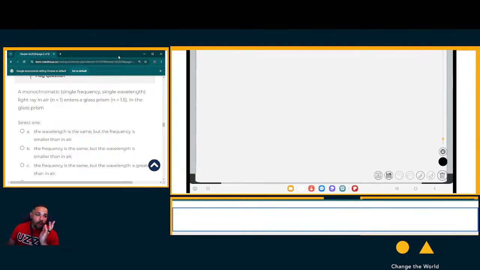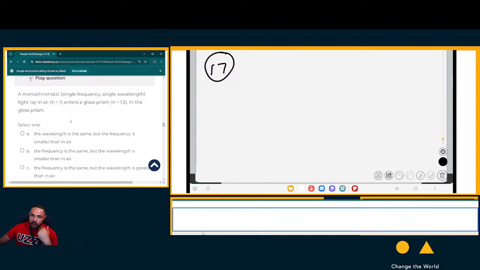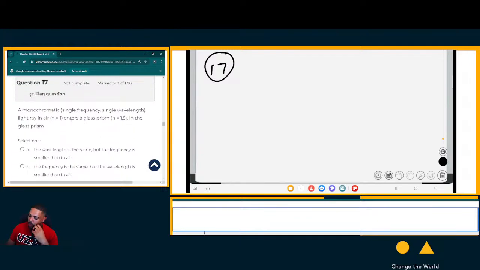Okay, now back to our question. We have this single light ray. It passes from air to glass. Which of those statements are true regarding this movement from air to glass? Now, here's what you should know about refractive index.